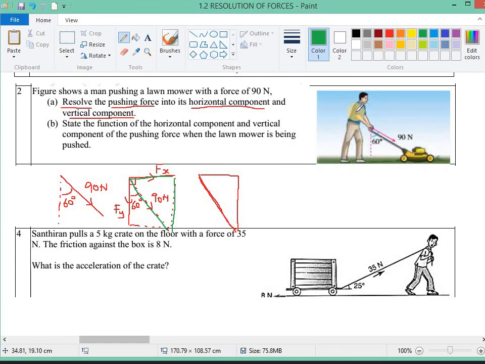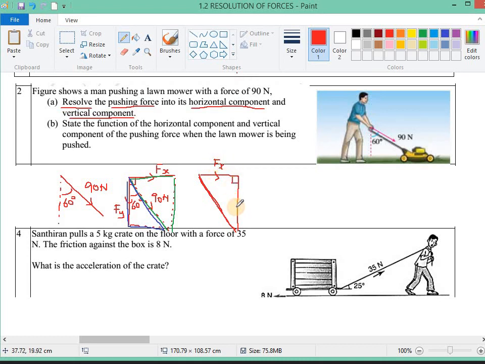If you don't want to take from here, you can also take from down here. You have two right angle triangles. Let's say I take this one, the top here. So this one is the Fx.